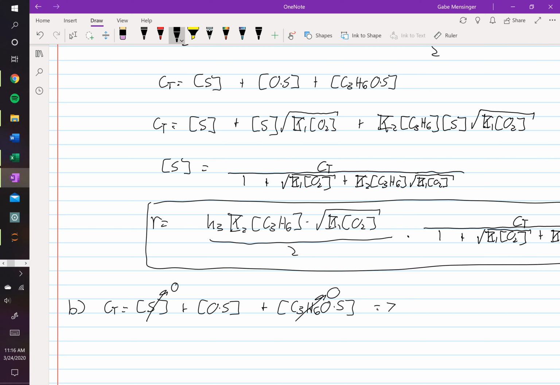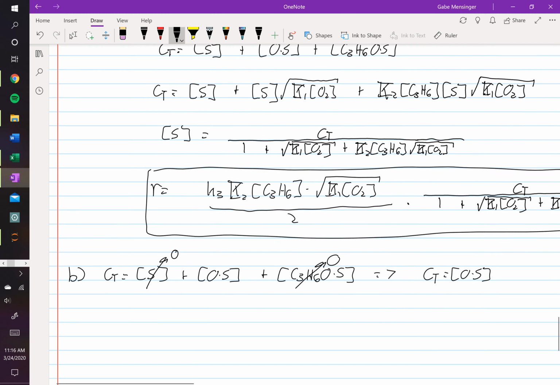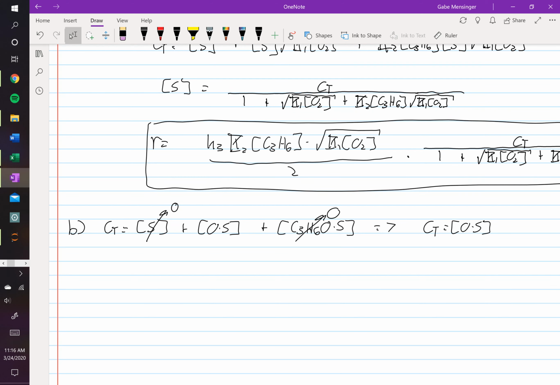So we can say that CT is equal to O*S, which will greatly simplify our expression for S, because remember, we still have S is equal to O*S times square root of K1 times O2. That is still true. But now you can see that our expression for S is much smaller.